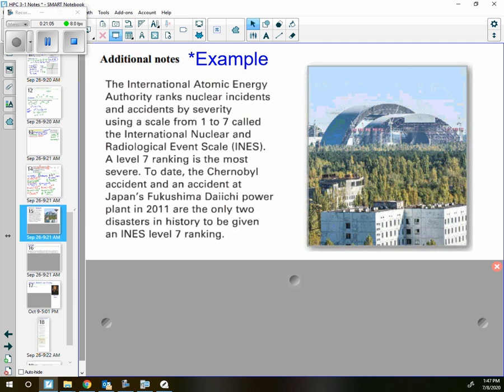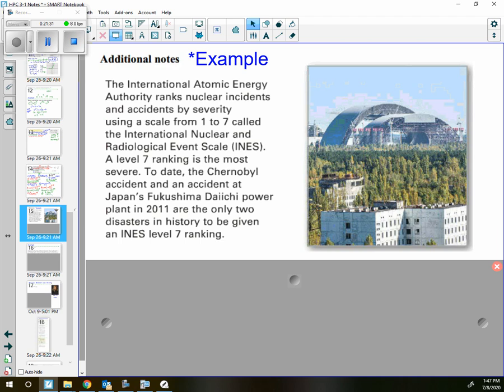Basically, when you talk about nuclear incidents, issues that happen, they can rank them based on how severe they were. So I want you to think about Chernobyl, if you've ever heard of that. Chernobyl is a city in the former Soviet Union that had a terrible nuclear incident, a reactor meltdown.